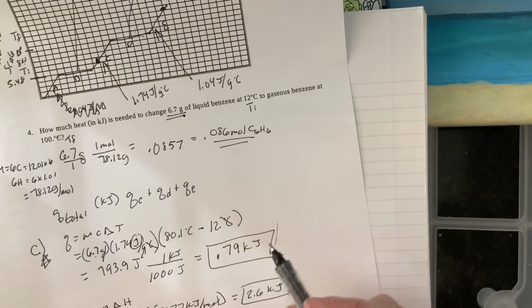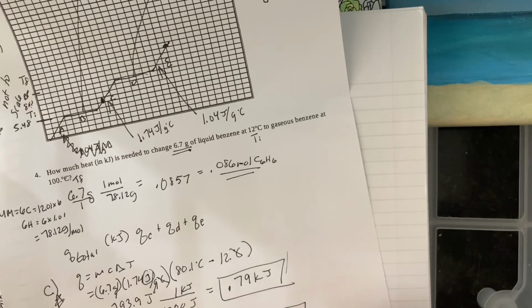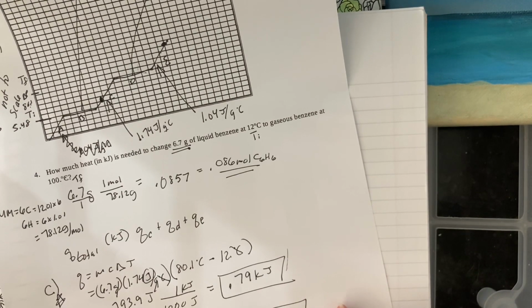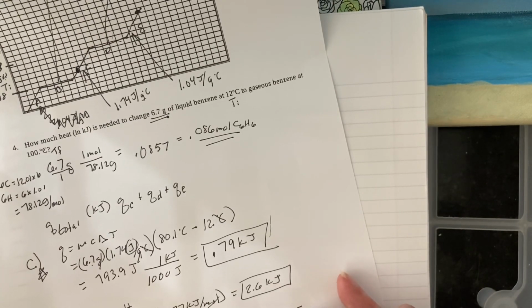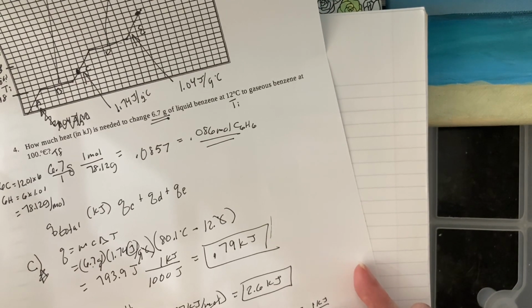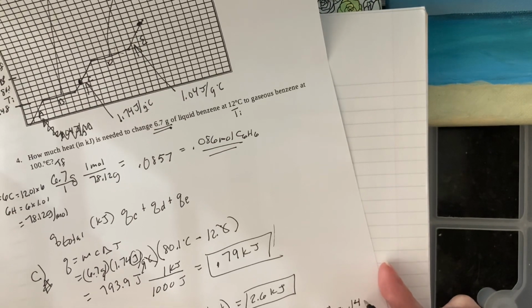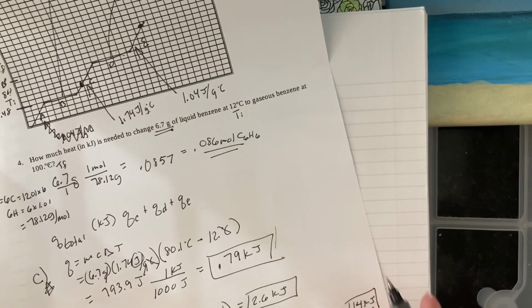And that's going to give me an answer in joules. Okay, so 6.7 times 1.04 times the quantity of 100 minus 80.1. That's going to give me 138.7 joules. I have to divide that into kilojoules. 0.14 kilojoules, because I only need 2 sig figs.